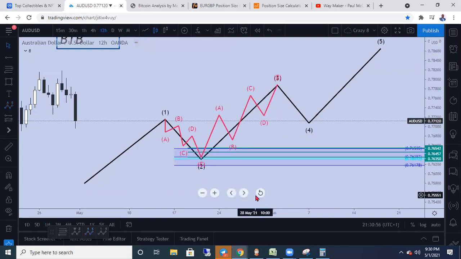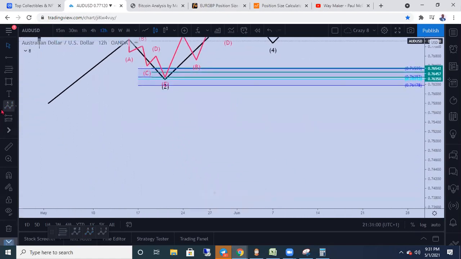Right? So for those of you who trade head and shoulders, this is what you want to see. You want to see lower lows.